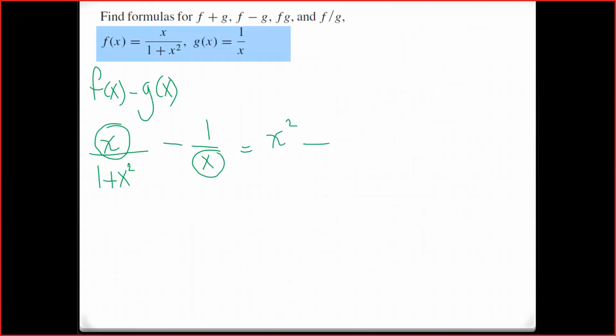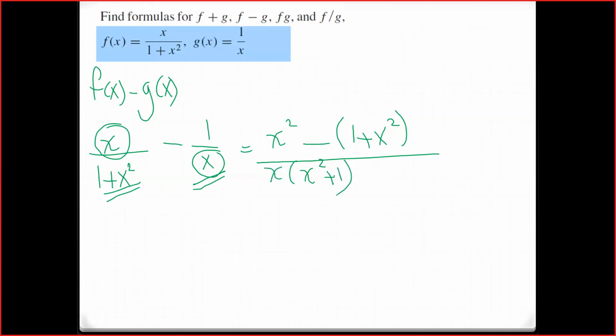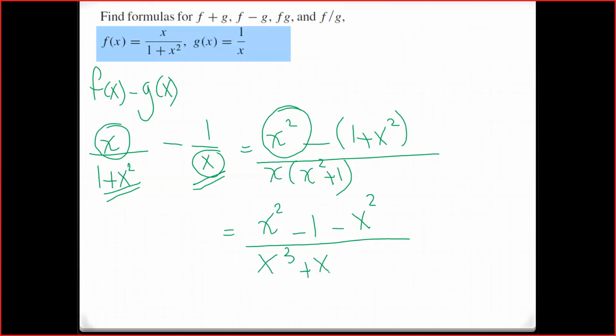So minus 1 plus x squared over, you multiply this one times this one. So it will be x times x squared plus 1. Then after that, x squared minus 1 minus x squared over x cubed plus x. Then x squared cancels x squared. So the answer here is 1 over x cubed plus x.